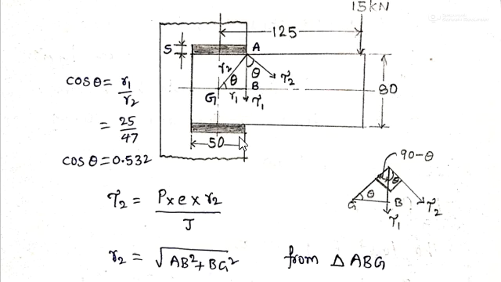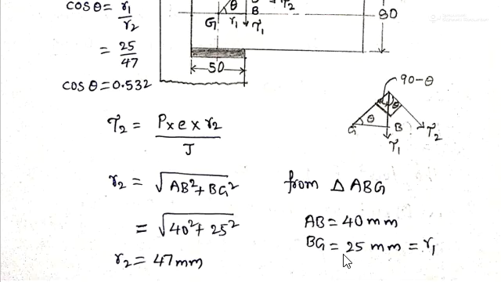BG is half of this 50, because this is the total and this is the center of gravity of a rectangle, so BG is 25. So AB is 40 and BG is 25, and let us take BG as R1.